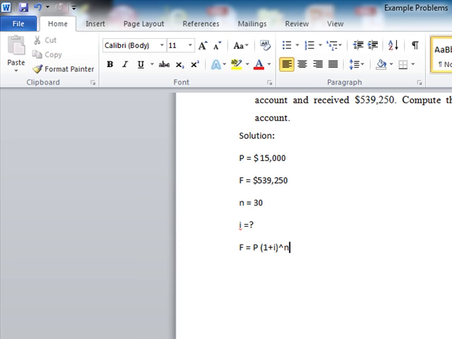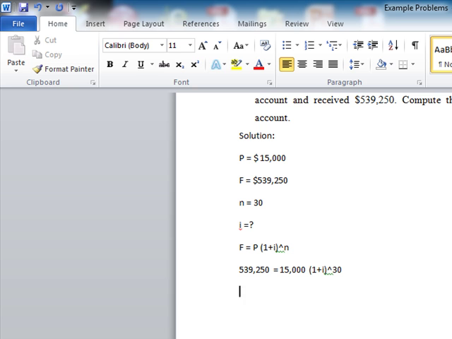This is the equation for future value if P, I and N values are given. So in this equation we need to put the values that we know. For F we know 539,250 is the future value, that is equal to P, the present value 15,000, multiplied by (1 plus I) raised to N, which is 30, right?